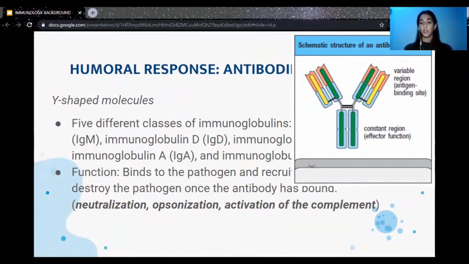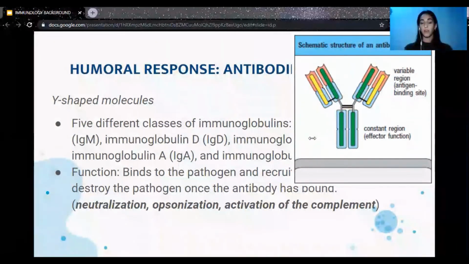The variable region of the heavy chain and the light chain, which is here at the top of the antibody, is going to bind specifically against an antigen. And the constant region here in green is going to determine the effector function of the antibody.